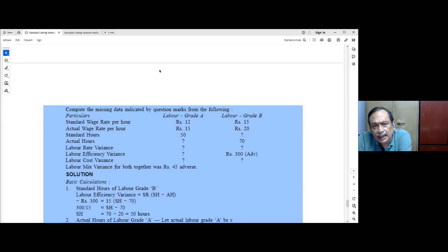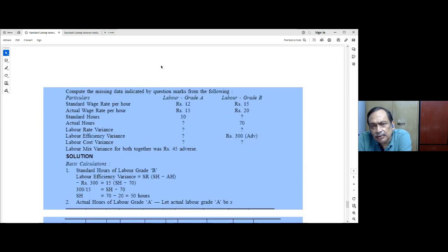So the question was, compute the missing data indicated by question mark from the following. So actual hours for A was not known. We have calculated. Standard hours for B not known, calculated. Labor rate variance for A calculated. Labor efficiency variance for A calculated.